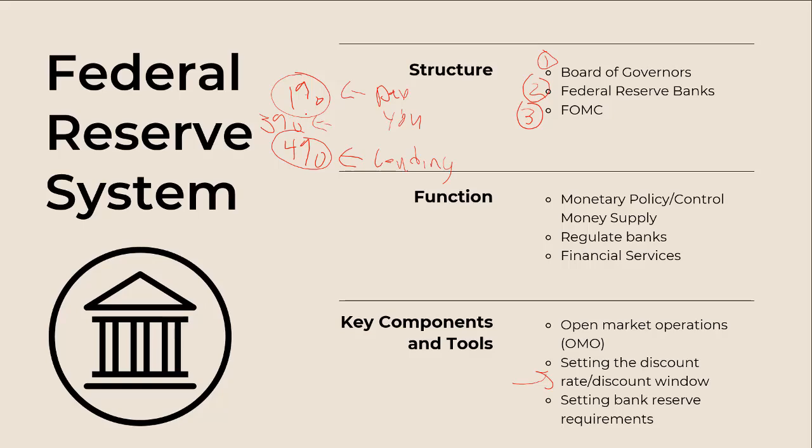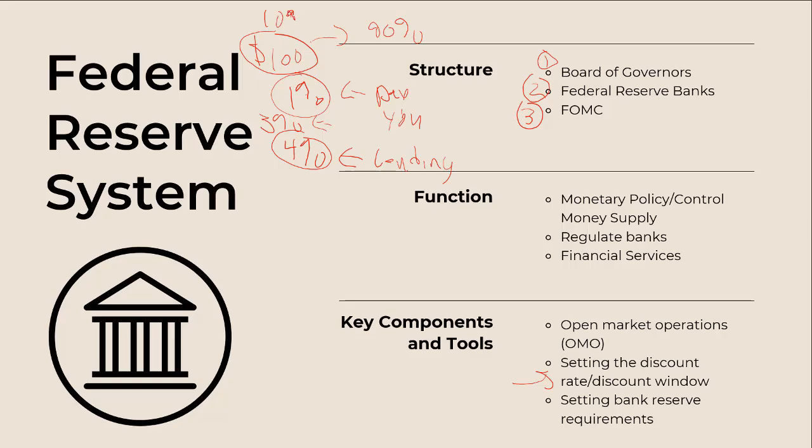So what the Federal Reserve can do is basically, let's say you put $100. Depending on what the reserve requirements are, the Fed may say, okay, of this 100, you're allowed to lend $90 of it, and you have to keep $10.